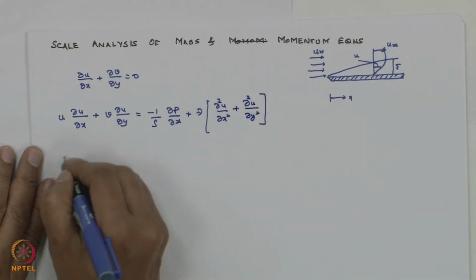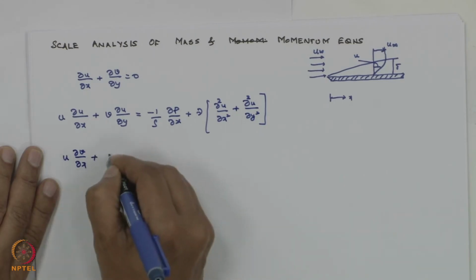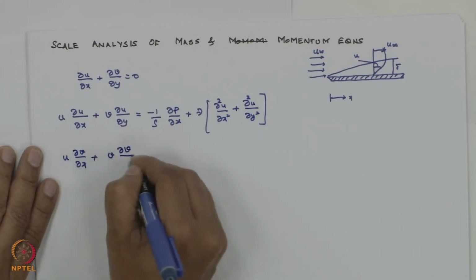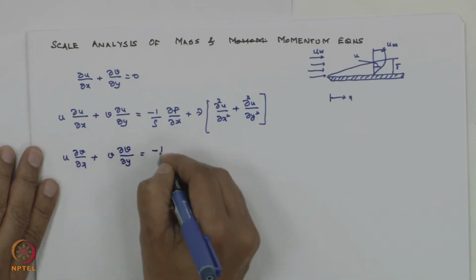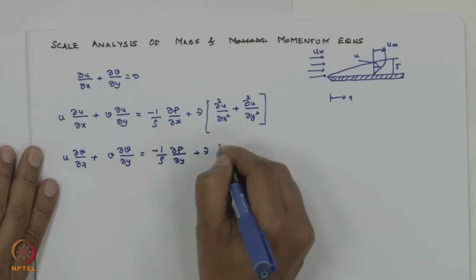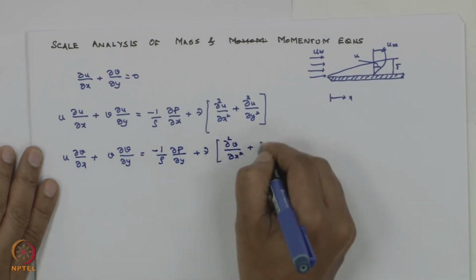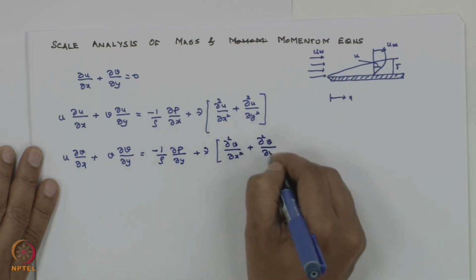The y momentum equation is u del v by del x plus v del v by del y equal to minus 1 by rho del p by del y plus nu times del squared v by del x squared plus del squared v by del y squared.